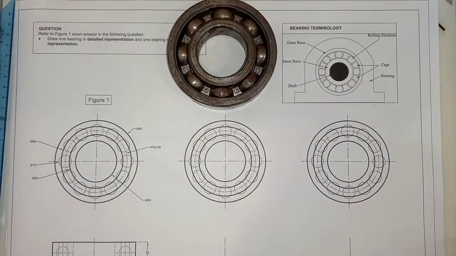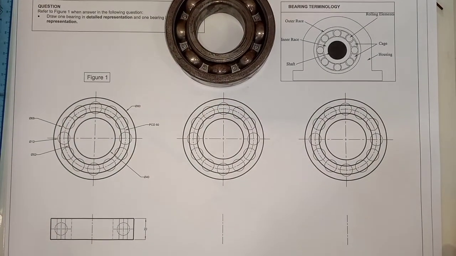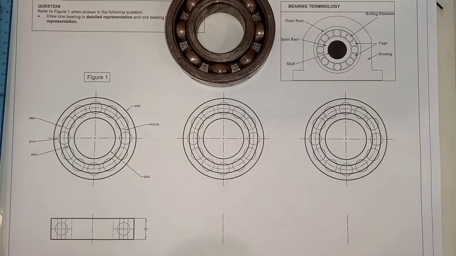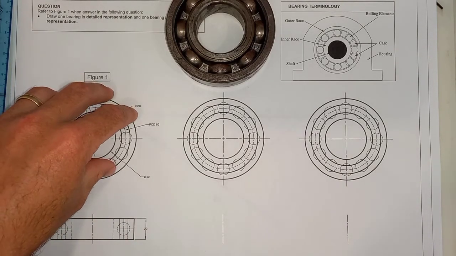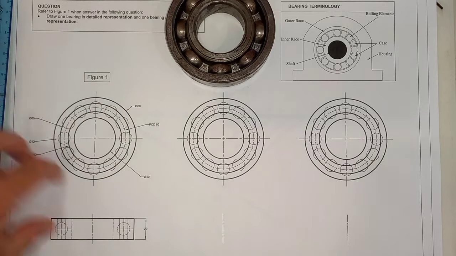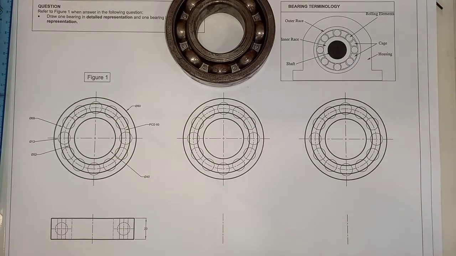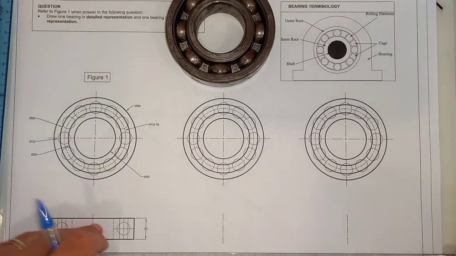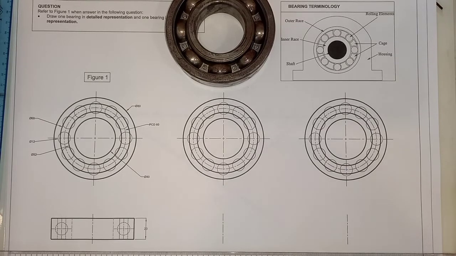So without further ado, let's get onto the detailed representation. I have here a bearing with all the dimensions that we need, as well as the front view over here. We'll call that top view and front view because we're working in third angle orthographics.